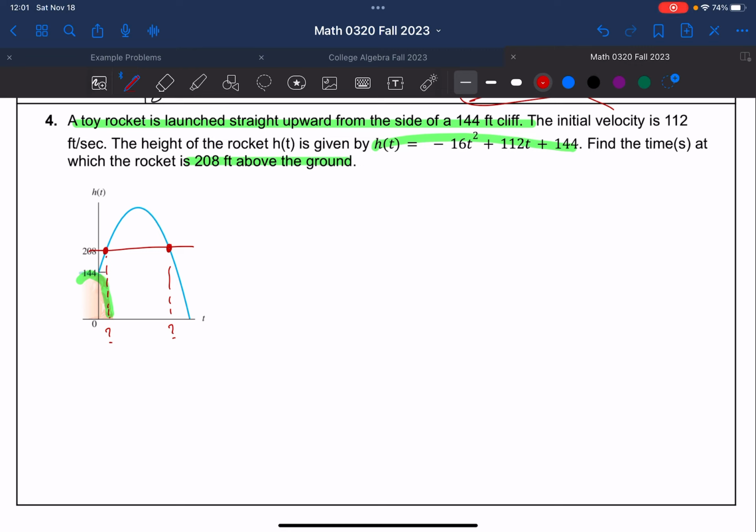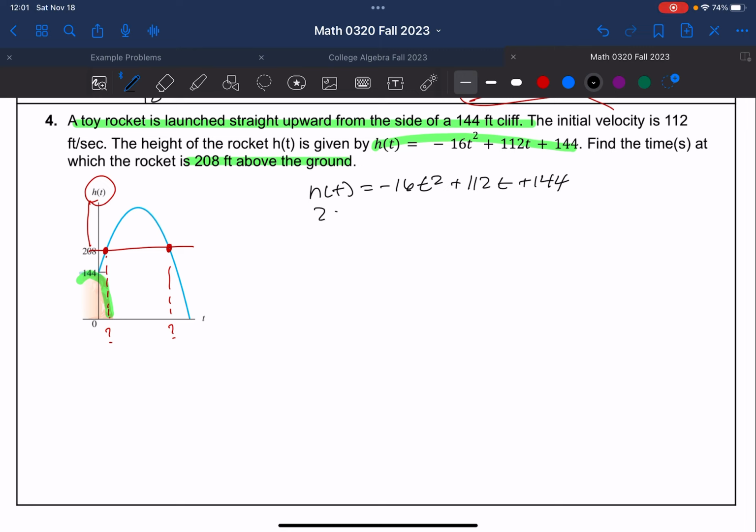So since this wants us to find when the rocket is 208 feet above the ground, that 208 is representing our h of t value. So that means we have h of t is equal to negative 16t squared plus 112t plus 144.